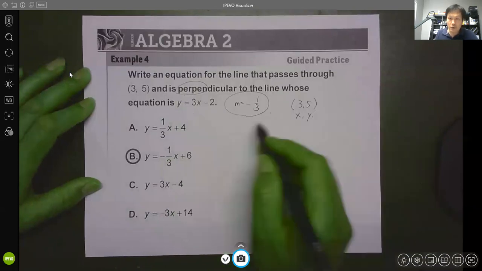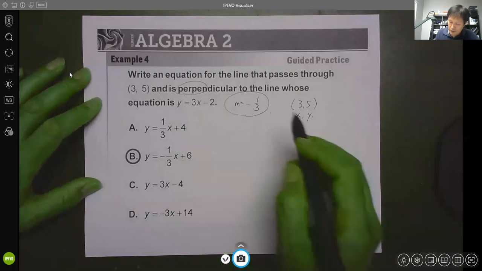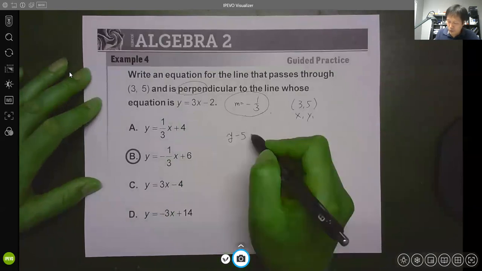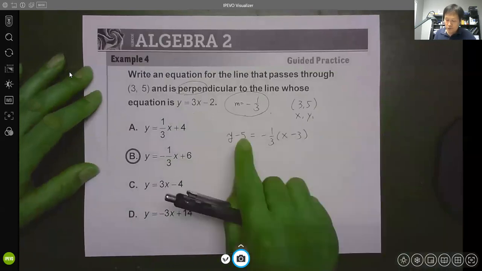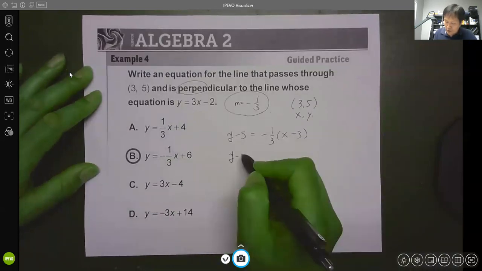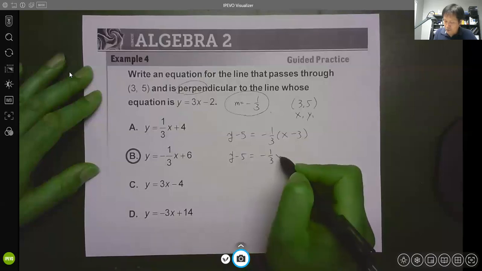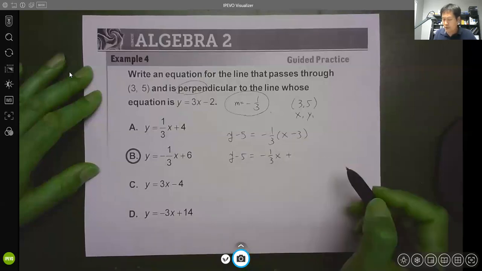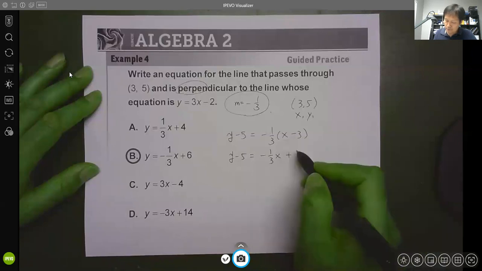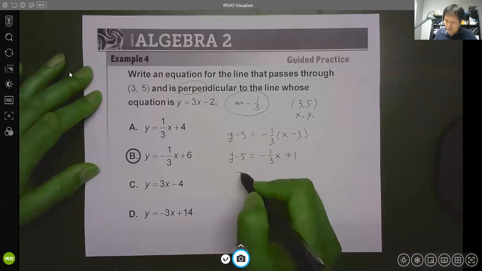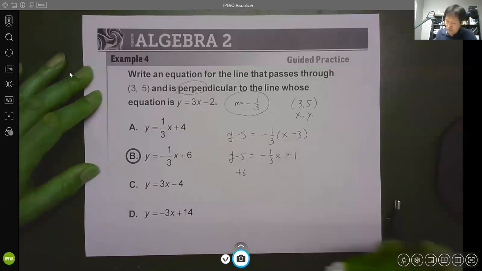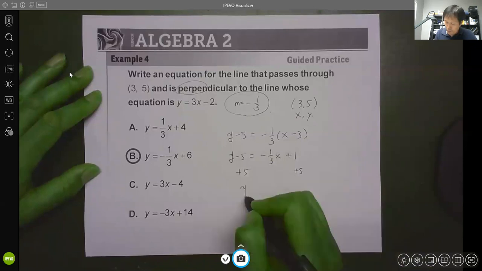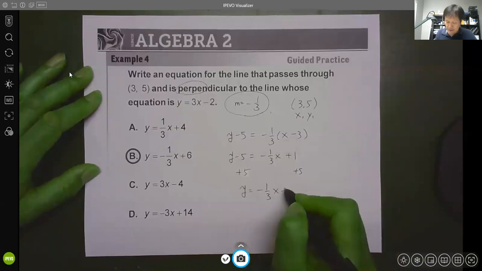So use the point-slope formula. y minus 5 equals -1/3 times x minus 3. Okay, then all you have to do is solve for y. So y minus 5 equals -1/3 x plus 3 times 1/3, which is 1, plus 5. So y equals -1/3 x plus 6.